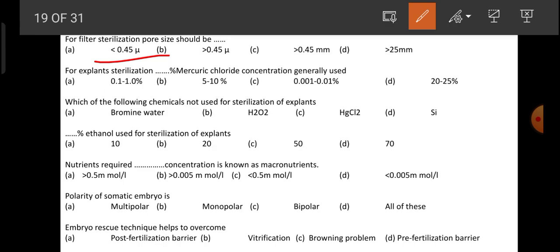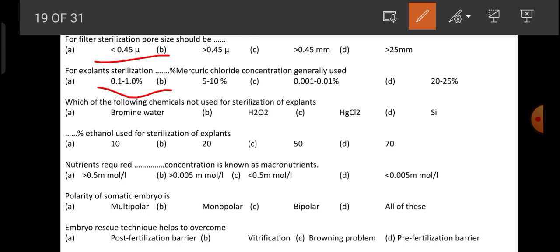Next question, for explant sterilization, what percent mercuric chloride concentration is generally used? Options here are 0.1 to 1%, 5 to 10%, 0.0001 to 0.01%, 20 to 25%. The answer here is 0.1 to 1%, because a higher concentration of mercuric chloride will become toxic to the cells.